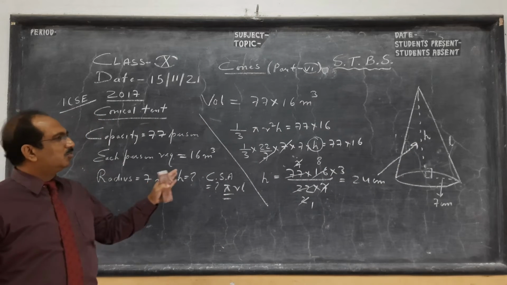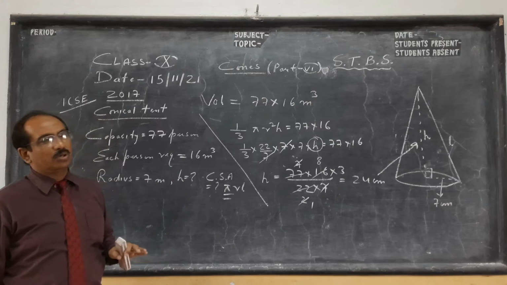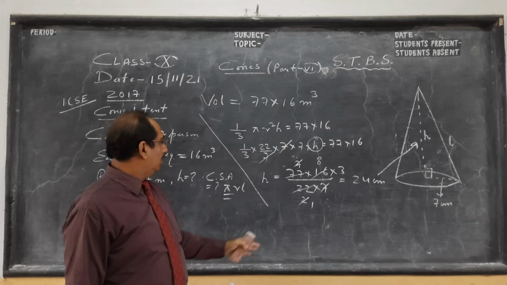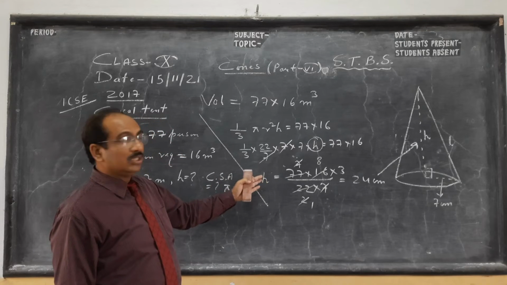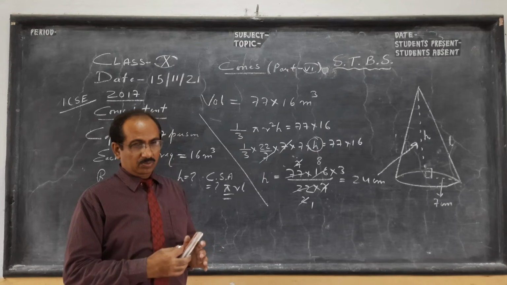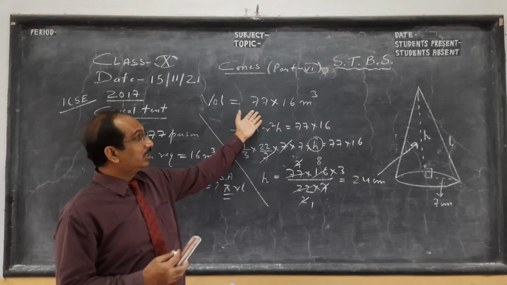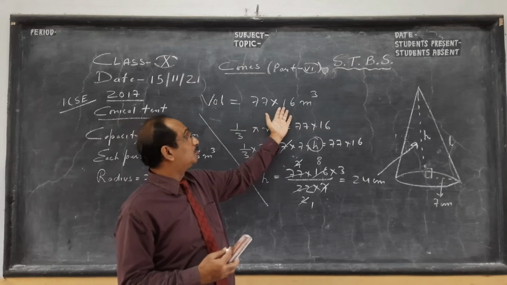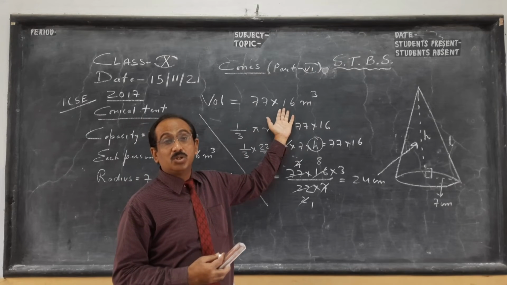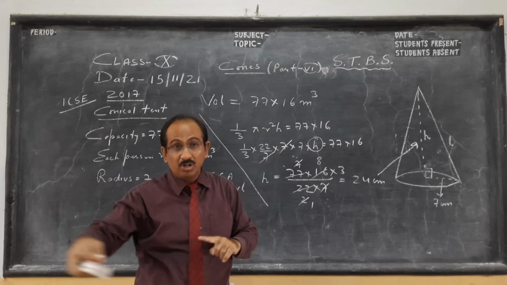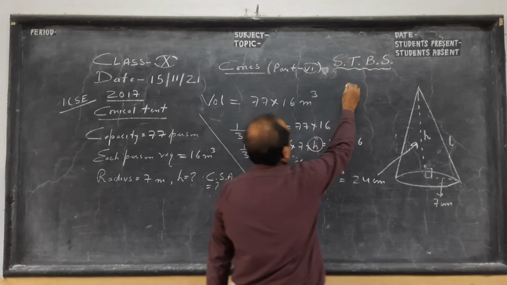I told you the same question can be given in MCQ format. What is the height? What is the slant height? 1 mark, like that you can solve. Suppose I give you a 4 marks MCQ question. First, what is the volume of the tent? It is the number of persons and each person requiring 16 meter cube. 1 meter cube is a cube of 1 meter long, 1 meter broad and 1 meter high.